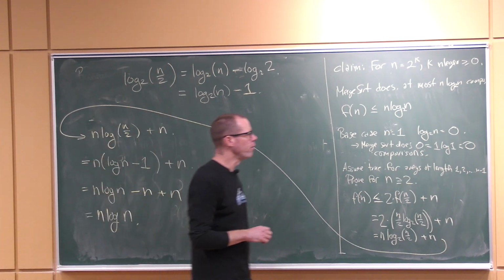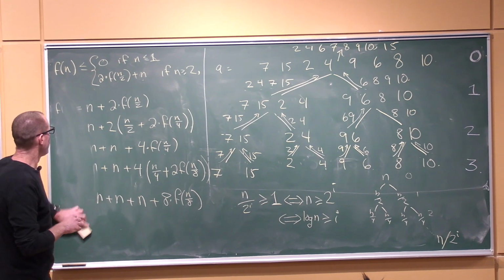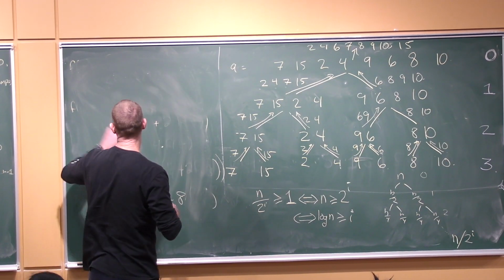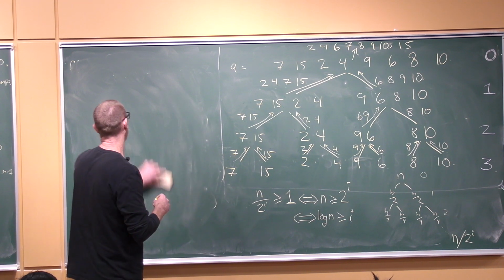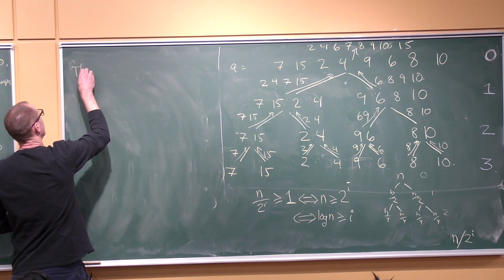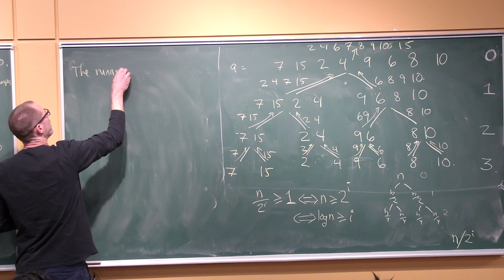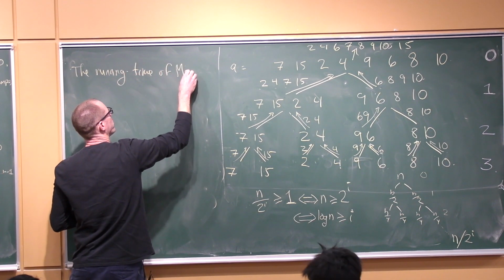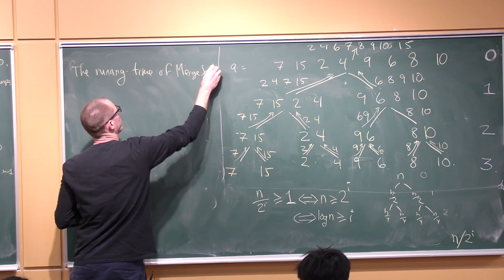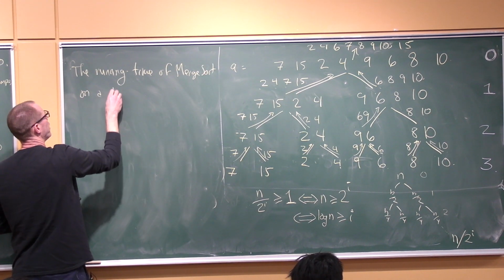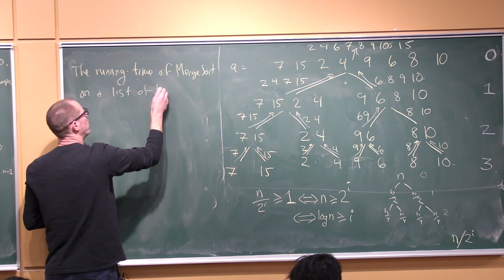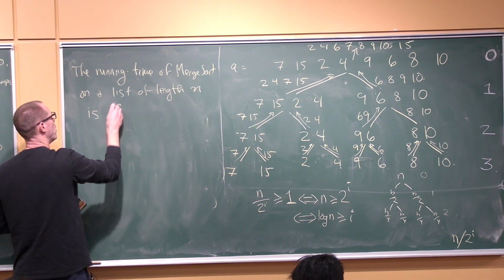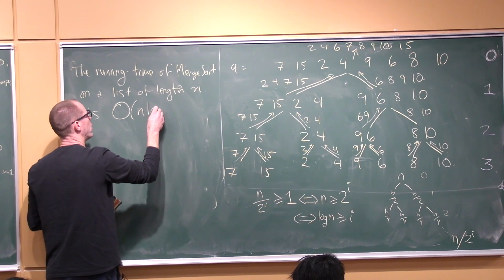And the way we typically write that is with a statement like: the running time of MergeSort on a list of length n is O of n log n.